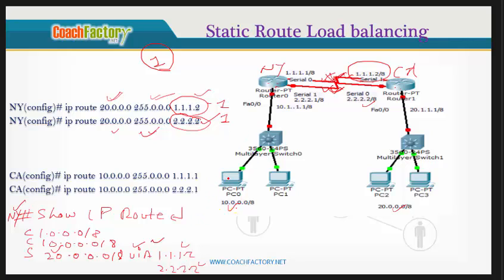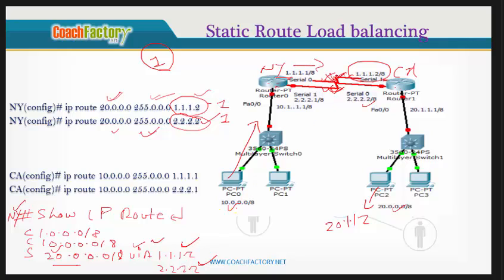So what happens whenever this user sends a request to the router saying, hello router, I want to communicate with 20.1.1.1, which is this computer's IP address? Then this router checks the routing table and finds that to reach the 20 network, it can go through 1.1.1.2 as well as 2.2.2.2.